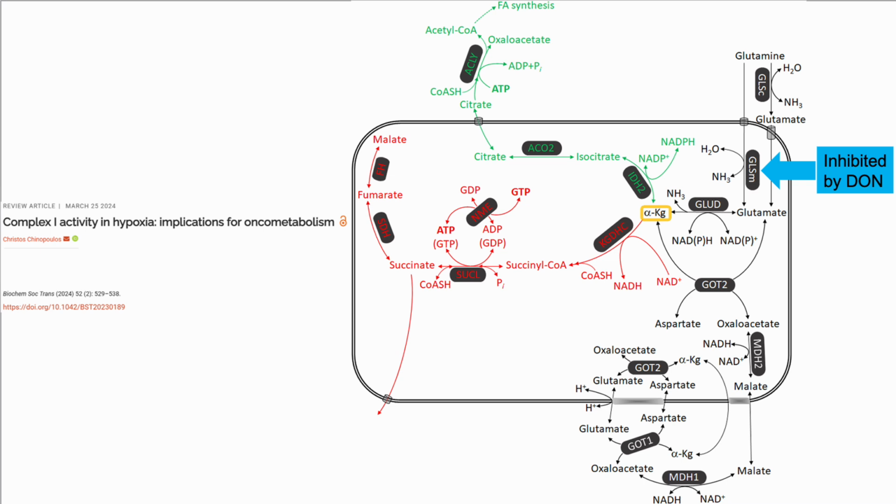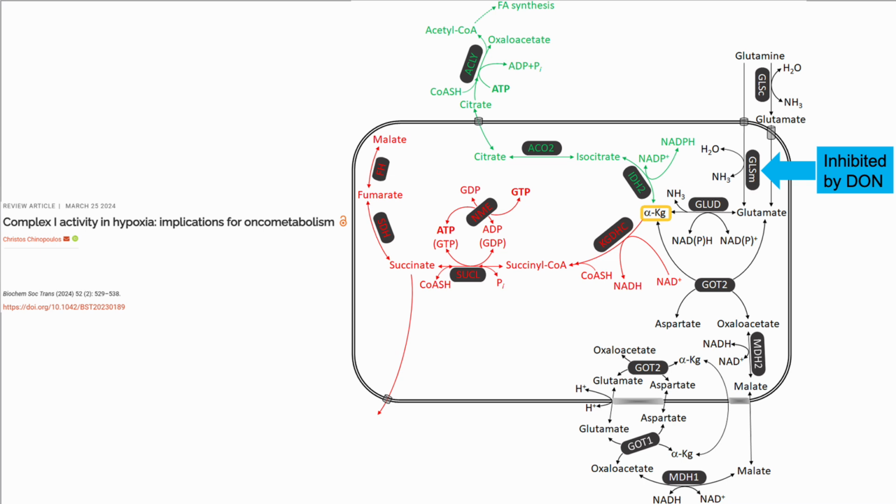Now, DON is inhibiting an enzyme that breaks down glutamine to glutamate, but what you can appreciate from the figure is that there are other pathways that can lead to alpha ketoglutarate formation, the AKG formation. So DON is good because it will somehow diminish the provision of glutamate and alpha ketoglutarate prior to the bifurcation point, but it is not enough because you have other pathways that will lead into alpha ketoglutarate, and then it can follow the green or the red pathway.